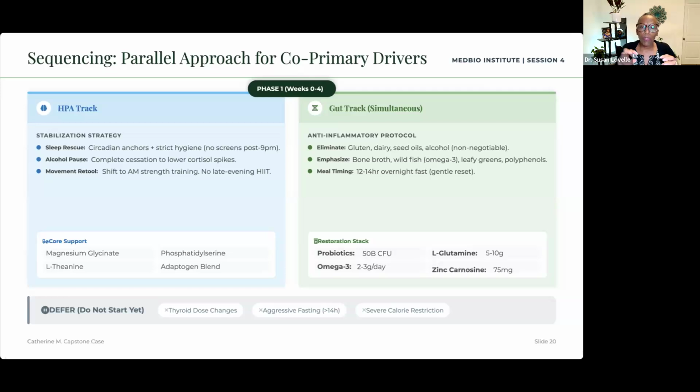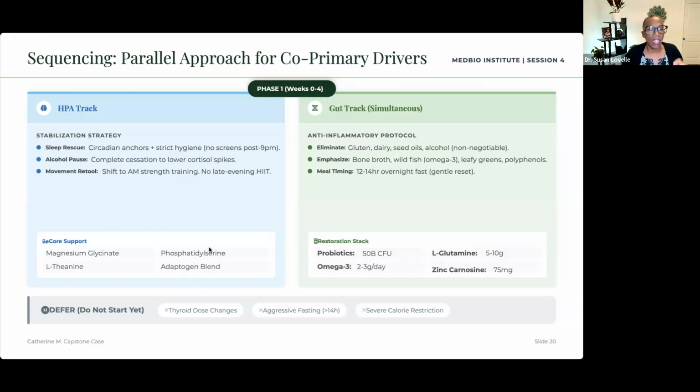And two, if you try to fix the HPA without the gut and the gut without the HPA, you're not going to get the best responses or results. So you want to make sure you're working with both of them at the same time, because they will work in concert. Nothing too dramatic, especially that first month, that first 0 to 4 weeks.